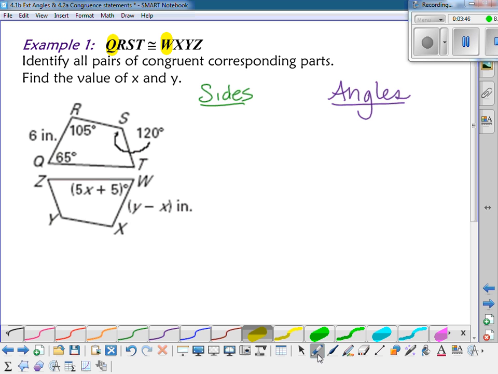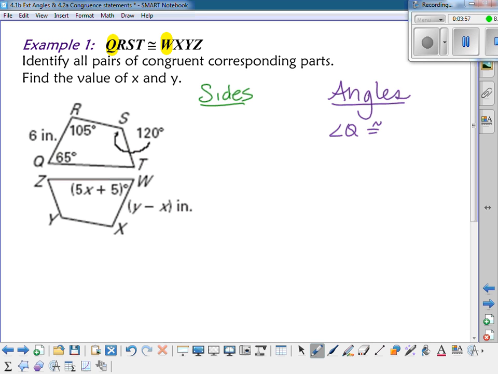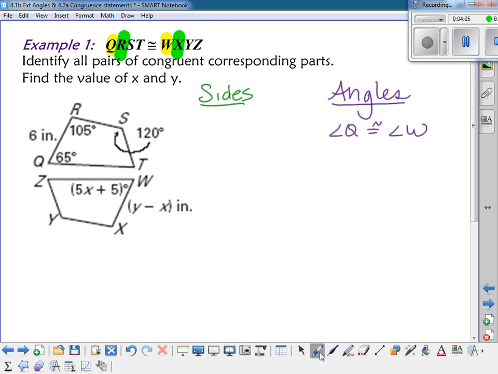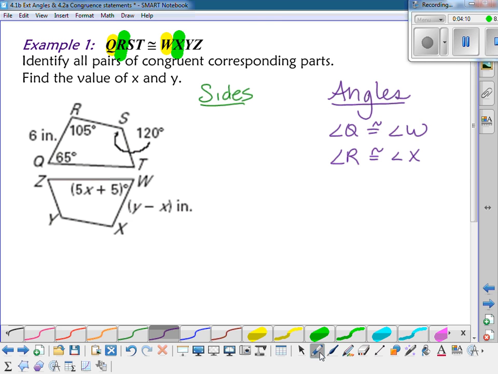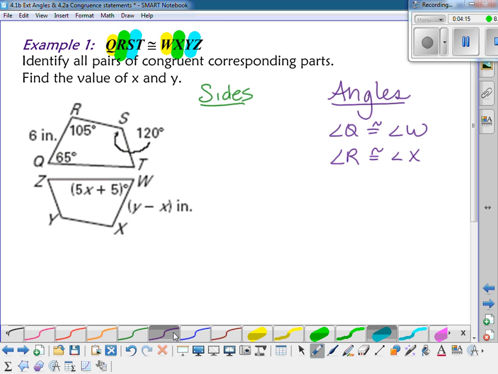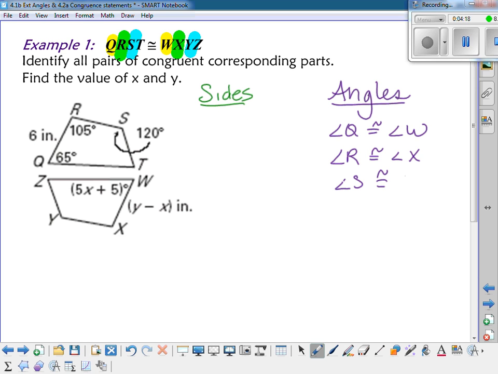Q is congruent to W because those are the two that came first in the congruent statement. So angle Q is congruent to angle W. And then I can say that R is congruent to X. Angle R is congruent to angle X. S is congruent to Y. And then finally, angle T is congruent to angle Z.